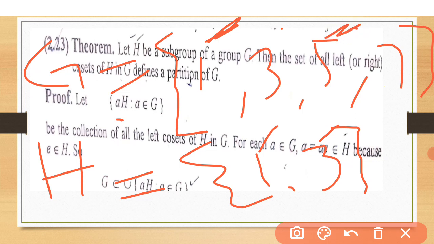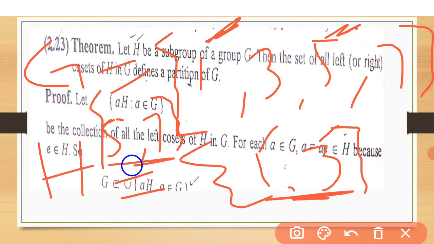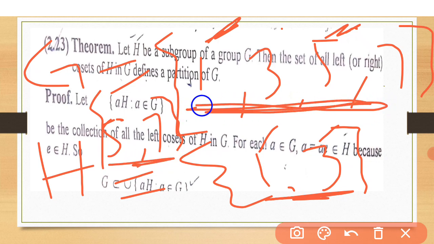Now multiply by element 5. 5 multiplied by 1 gives us 5, and 5 multiplied by 3 is 15, and it is in the group of modulo 8. When we divide 15 by 8, the remainder becomes 7. So here we see that {1, 3} and {5, 7} make the complete G. These are all left cosets of H in G. I hope you understand by the example.